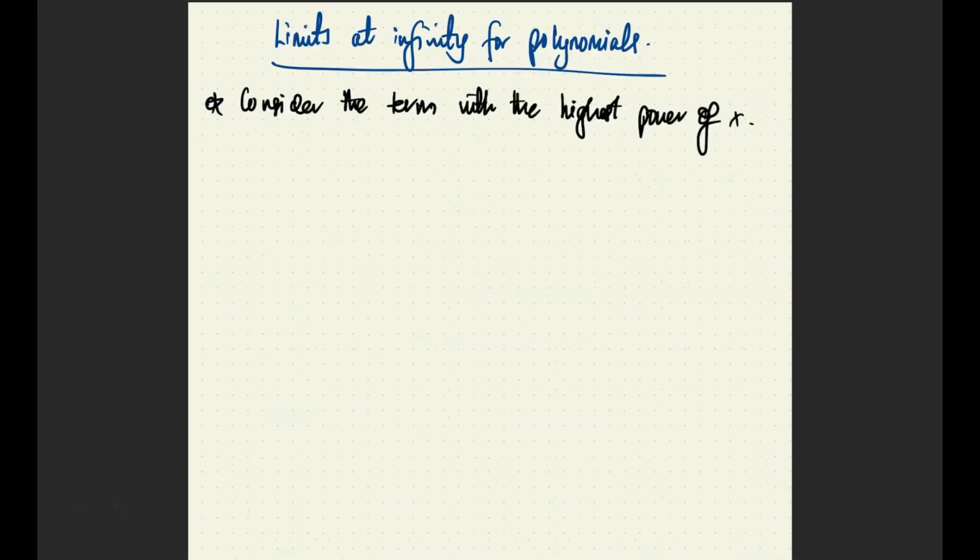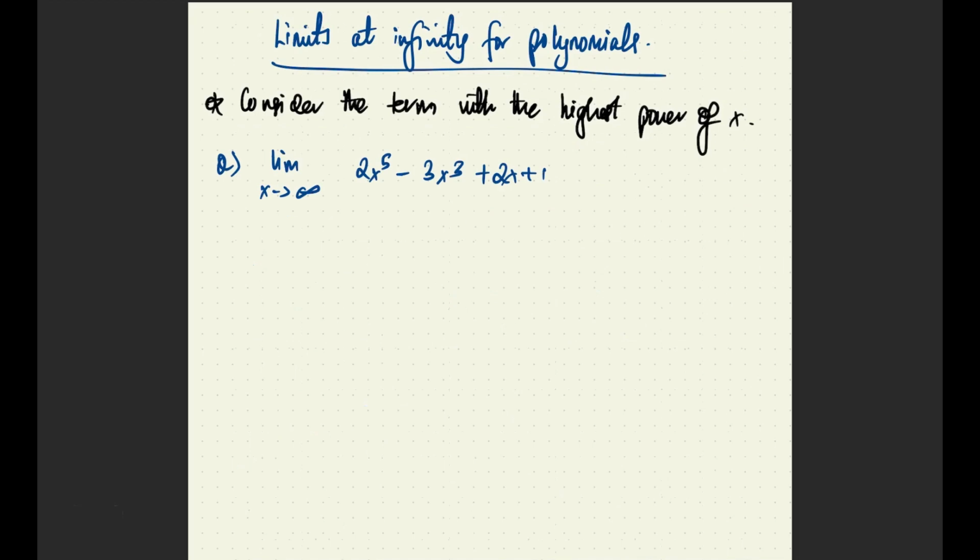Okay, so moving ahead, we'll now talk about evaluating limits at infinity for polynomials. For example, if we are told to find the limit as x approaches infinity of 2x to the power 5 minus 3x cubed plus 2x plus 1, how exactly do we evaluate this limit?